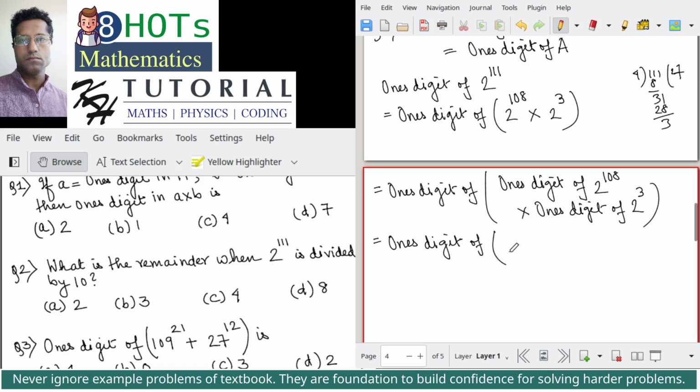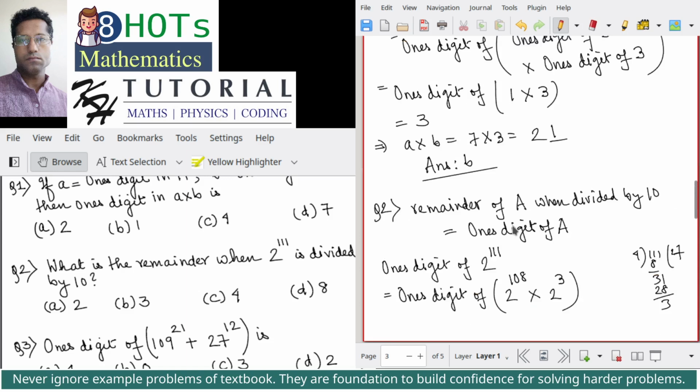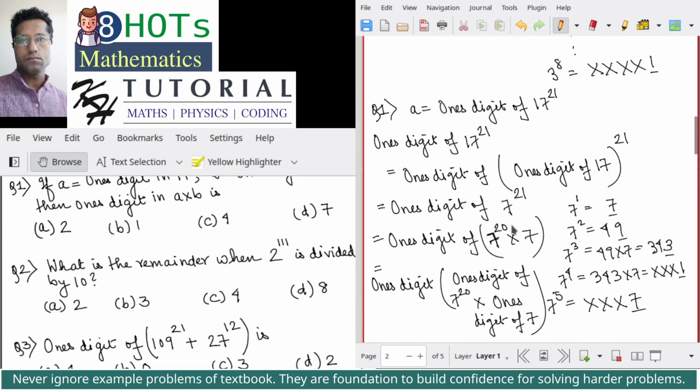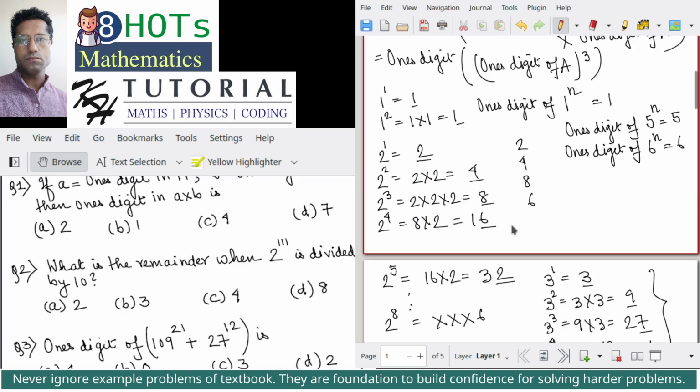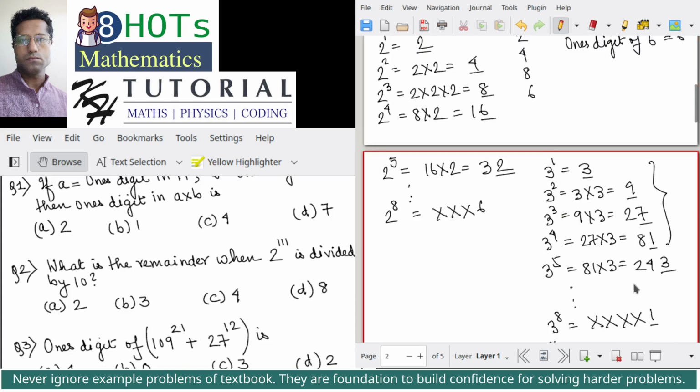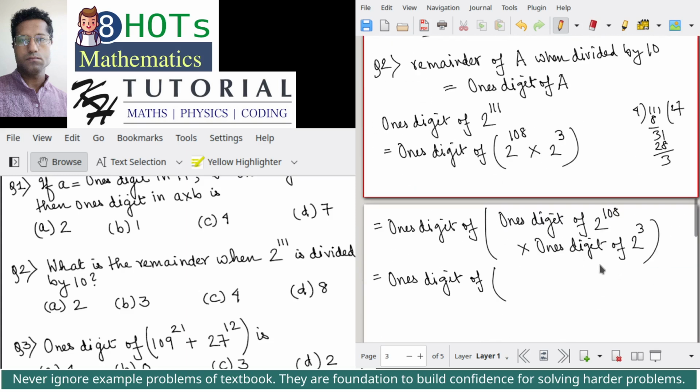Since 108 is a multiple of 4, and we know that at every fourth power of 2, the ones digit is 6, the ones digit of 2 to the power 108 will be 6, and 2 to the power 3 is 8.